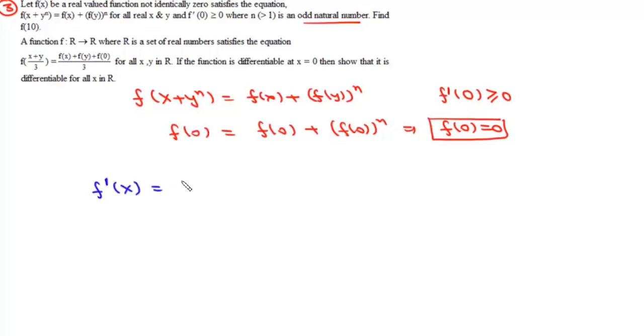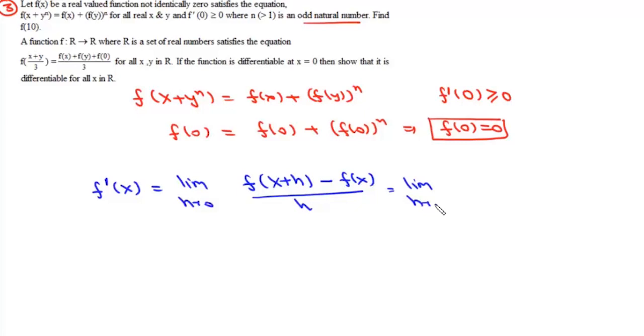Now f dash x will be this limit h tends to 0, f of x plus h minus fx upon h.